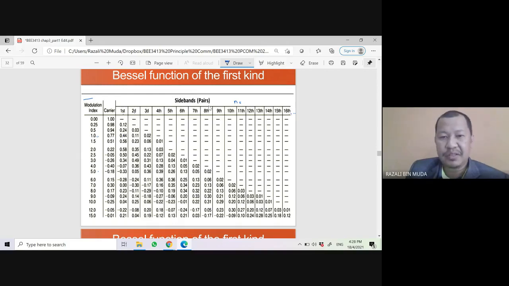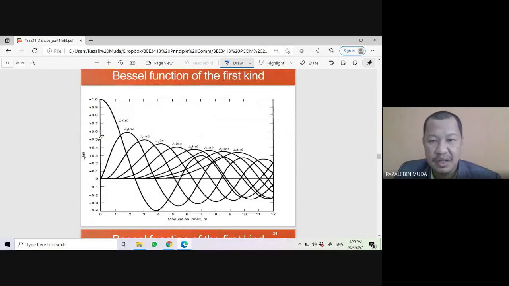N equal to 8. So the bandwidth is much bigger. Okay, so from this you can determine the value of sidebands from this table, or you can determine from this graph. Okay, it is the same.